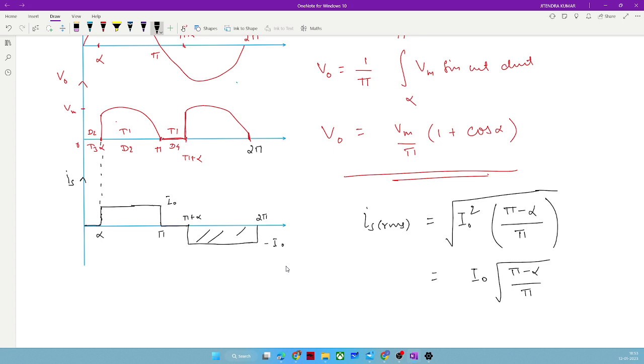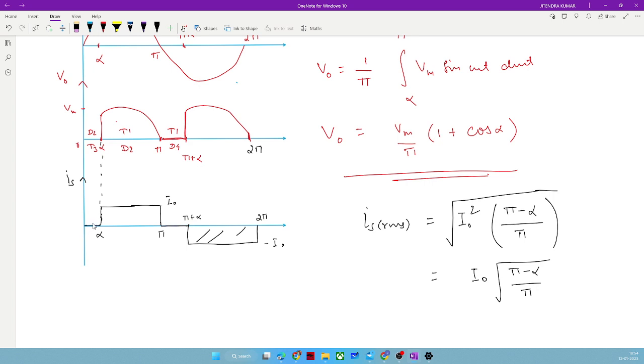Now, to compute distortion factor or total harmonic distortion in percentage, you need to know the Fourier series of this waveform. If you derive the Fourier series, it will have a fundamental of 50 hertz along with some other harmonics, the same way which I told you in the beginning of the rectifier portion, that it will contain multiple harmonics, and I derived using switching functions also.